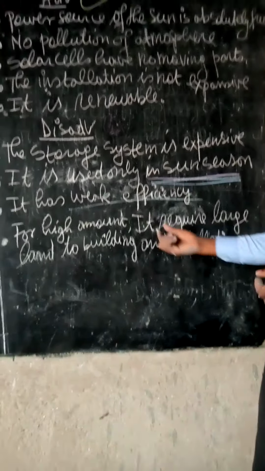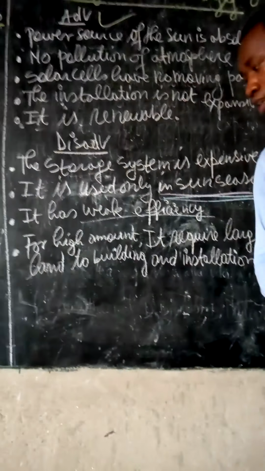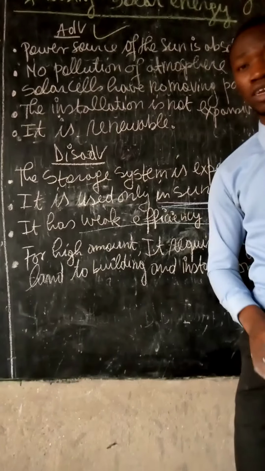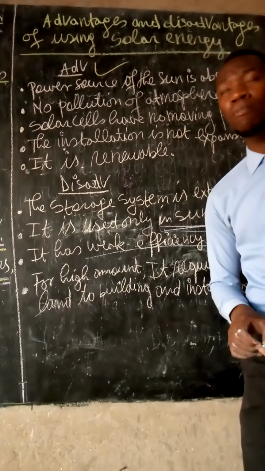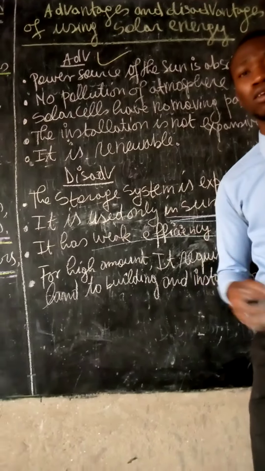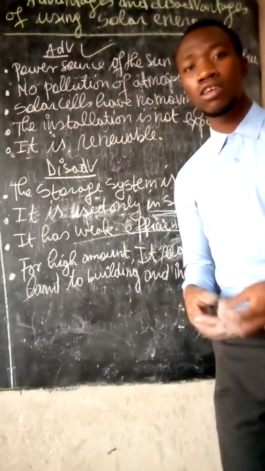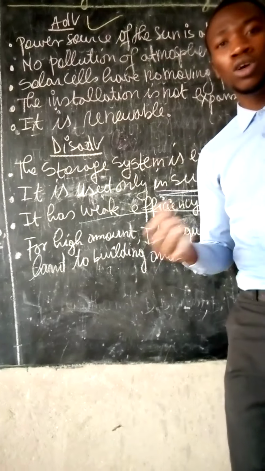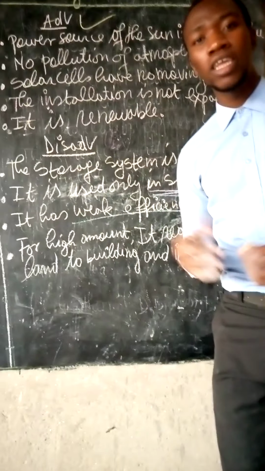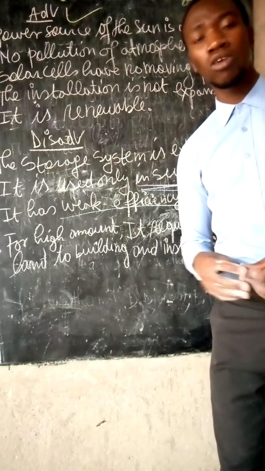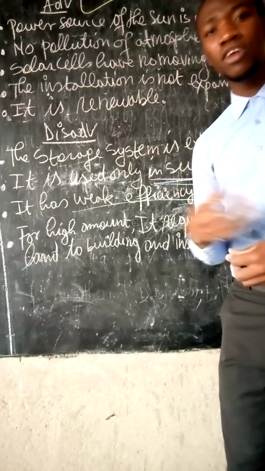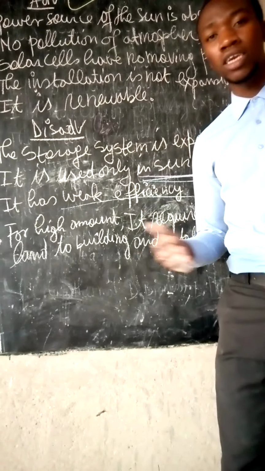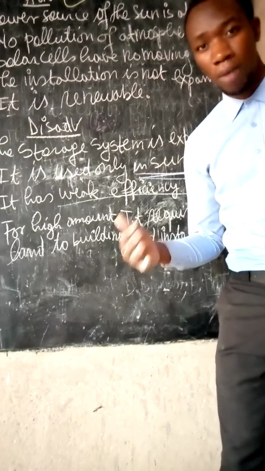For a high amount, it requires large land for building and installation. Imagine if you needed solar panels to give electricity to the whole of Kigali city. Can you imagine the land you would use to install the PV cells and the batteries to store? So it requires large land if you need a high amount.